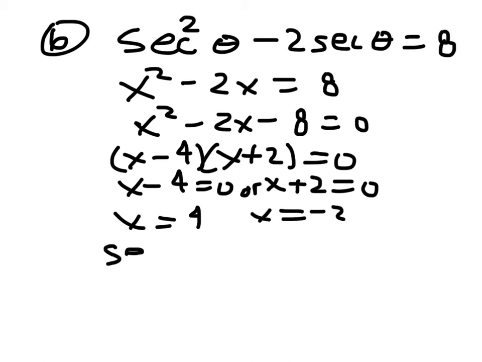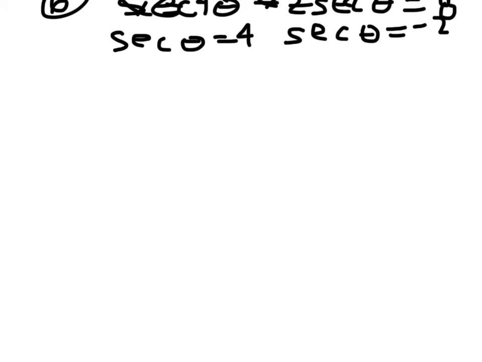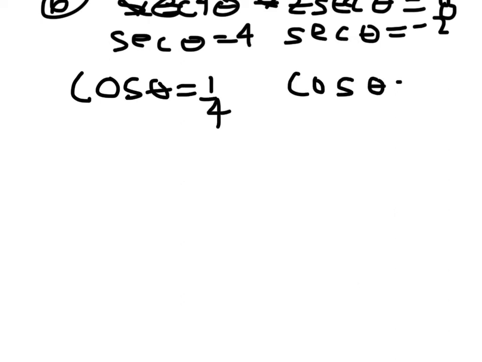Replace with secant. Secant theta is 1 over cosine, so if secant theta is 4, cosine of theta would be 1 over 4. If secant theta is negative 2, cosine of theta would be negative 1 over 2.